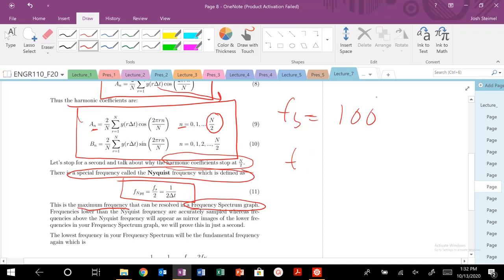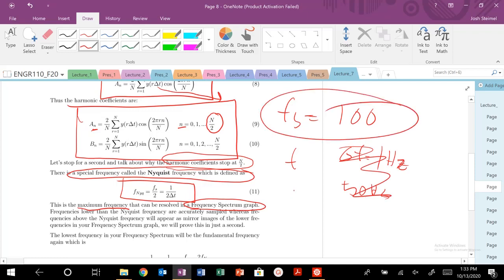Let's say my delta f, my period, is 1 hertz. So my frequency spectrum is going to go to basically 50 hertz. Once you choose that sampling frequency, our frequency spectrum graph is going to go to half of f sub s, so f sub s over 2, from 0 to there.